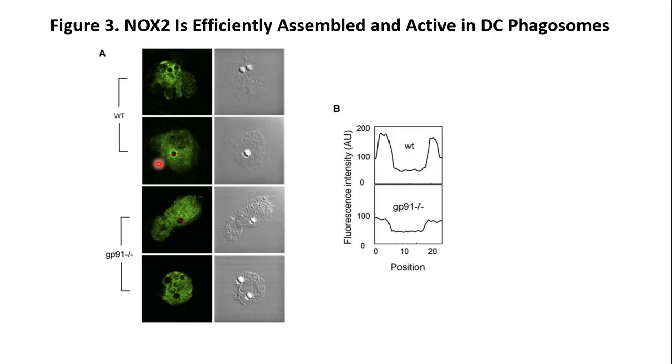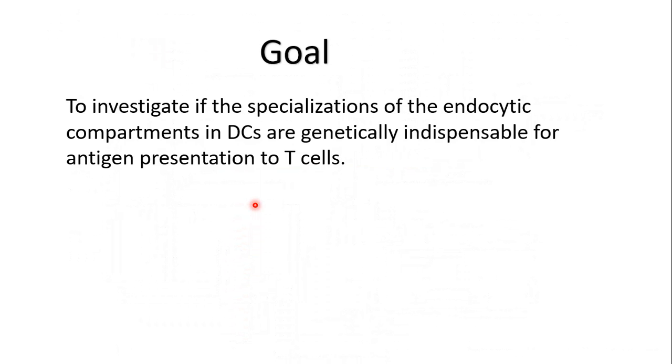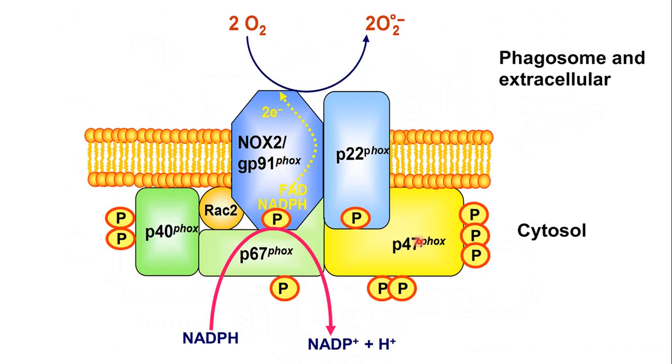In wild type you can see these units best, better than without the NOX2. And in the upper panels, there is a clear labeling of the phagosome membrane with anti-p47. The p47 is this subunit here.